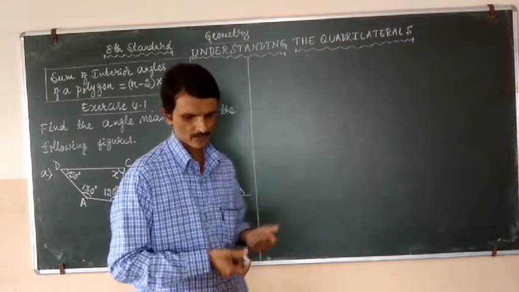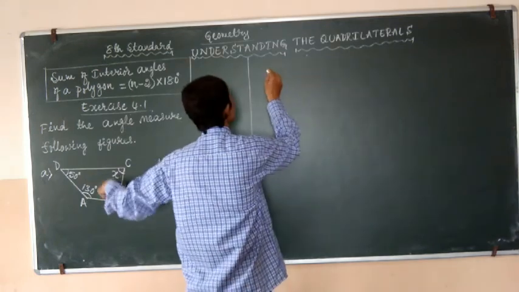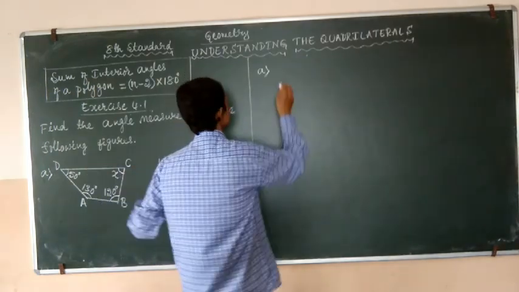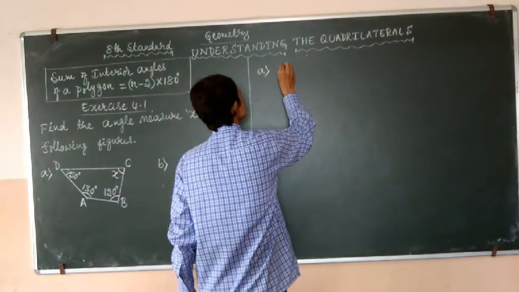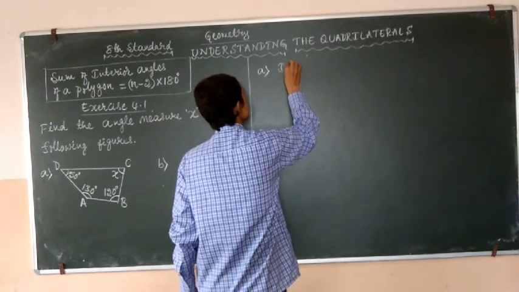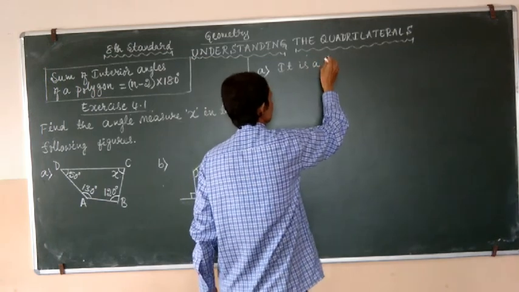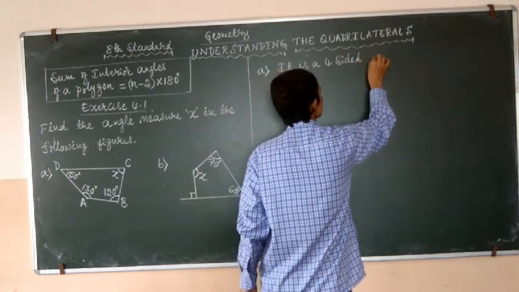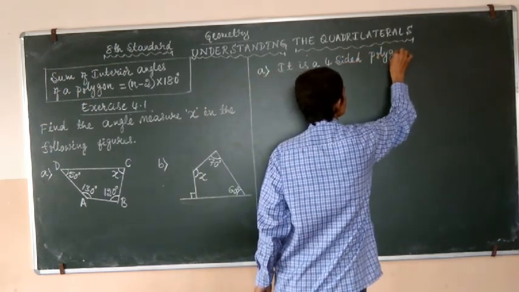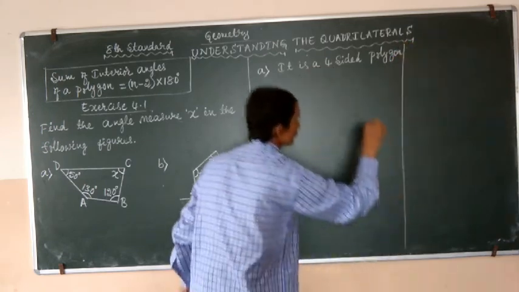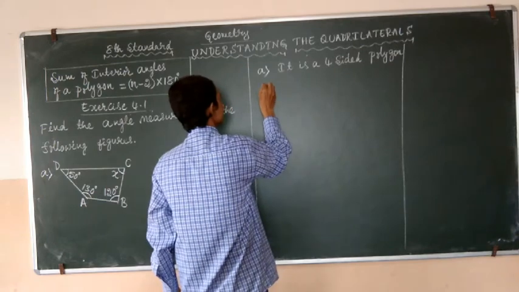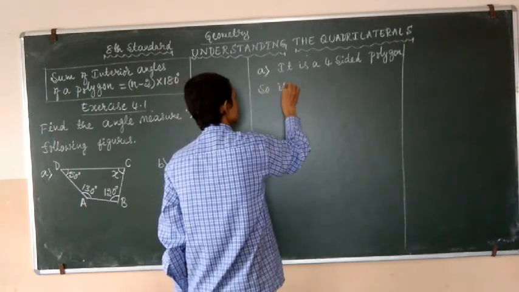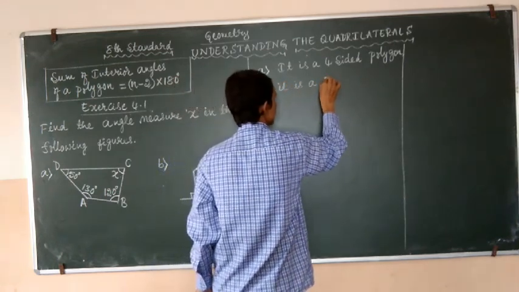Now, the figure contains four sides. It is a four-sided polygon, so it is a quadrilateral.